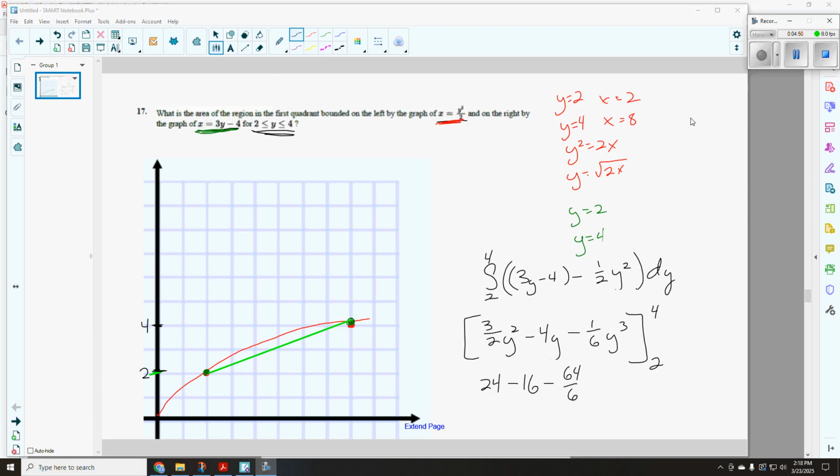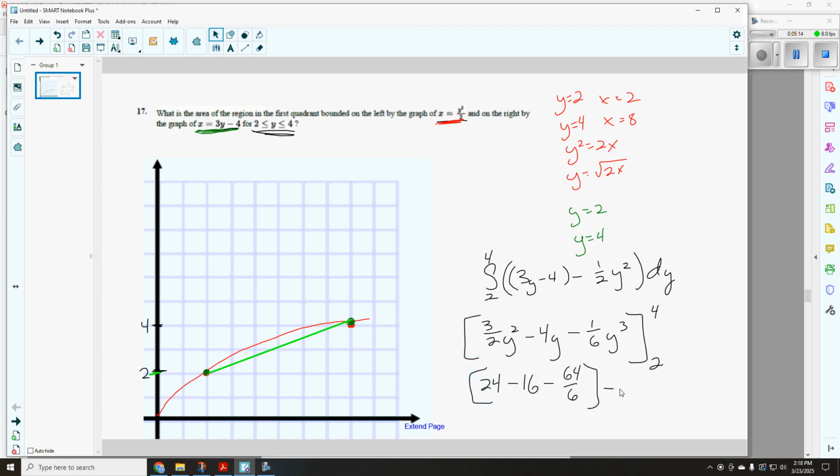I know I can change that to thirds, but I'm going to leave it as sixths right now, just because a couple of my answers are in sixths, and I don't want to do any work that I don't have to do. So I have it evaluated at 4, and then I'm going to subtract by evaluating it at 2.